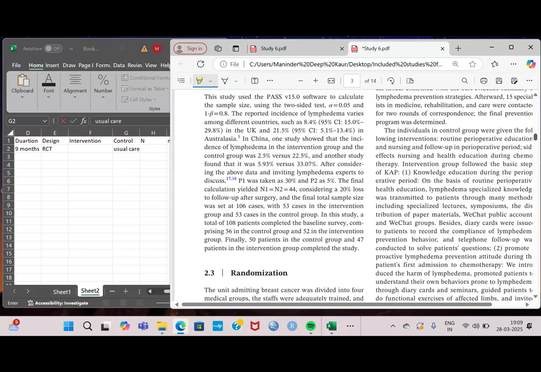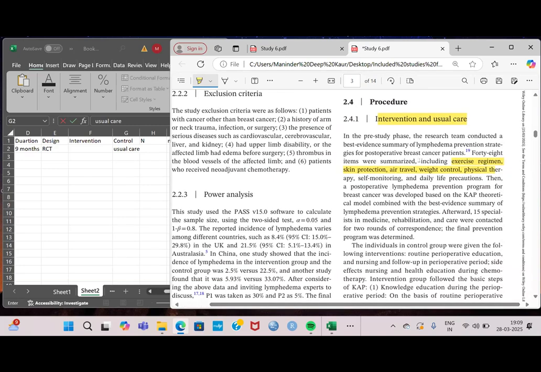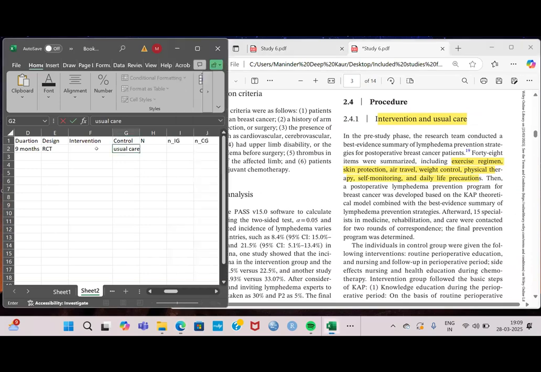We don't need so many details of the studies. Okay? So look, here it is. See here: exercise regimen, skin protection, air travel, weight control, physical therapy, self monitoring and daily life precautions. So we need to enter this in the intervention.